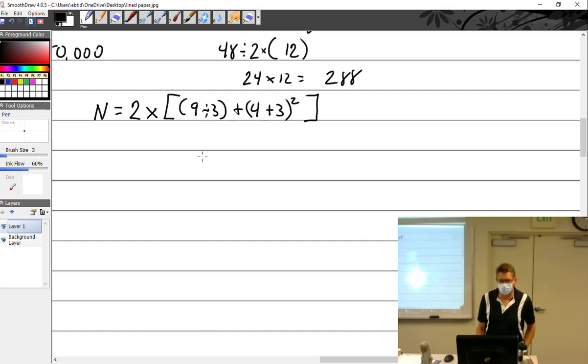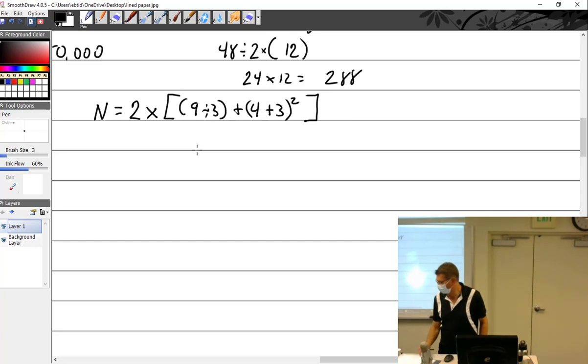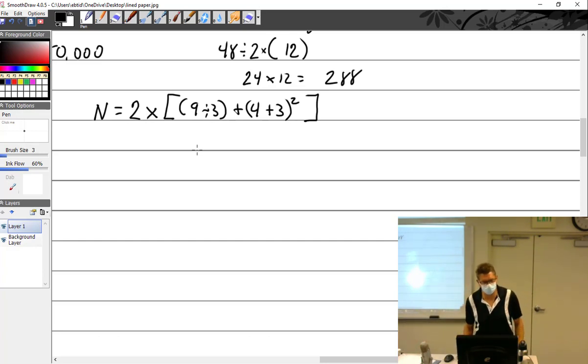Okay, so where would we start with this one? Inside of the brackets. Okay, inside the brackets, but which part inside the bracket? Parentheses. 9 divided by 3. Okay, so it really wouldn't matter if I do this here or this here first, because we're not going to do anything with it. So 9 divided by 3 is 3. 3 plus 7 squared. 7 squared is correct. So let's bring that down again. So it's 3 plus 49.